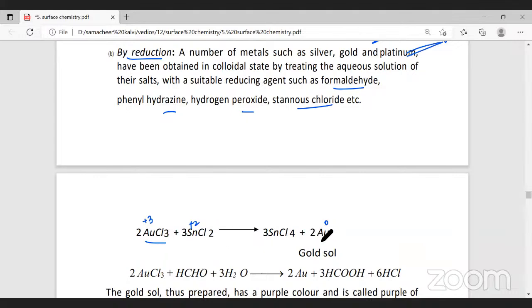Here, the charge on gold is 0. The stannous chloride will be oxidized to stannic chloride. Anything which undergoes oxidation is called a reducing agent. So here, stannous chloride is the reducing agent. So auric chloride is reduced by stannous chloride to gold colloid.